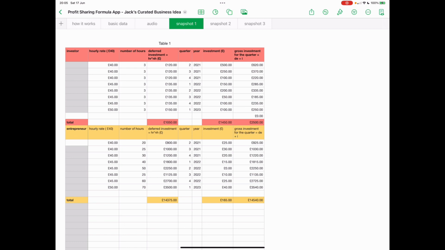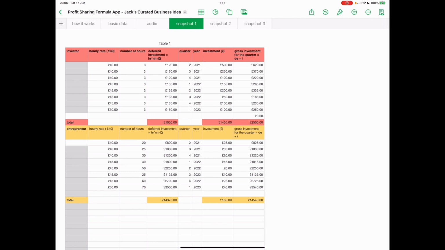So you can see here, for example, that although the investor put in about £1,450 in raw cash, and the entrepreneur put in only about £165 in raw cash, when you quantify the effort, the gross amount for the entrepreneur is about £14,540, and the gross amount for the investor was £2,500.